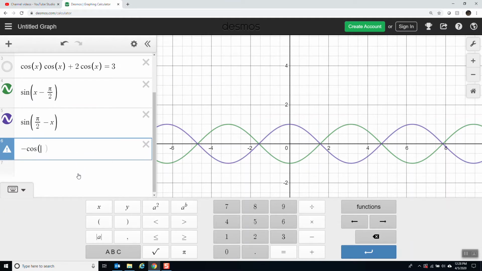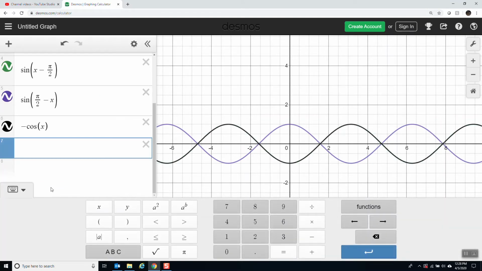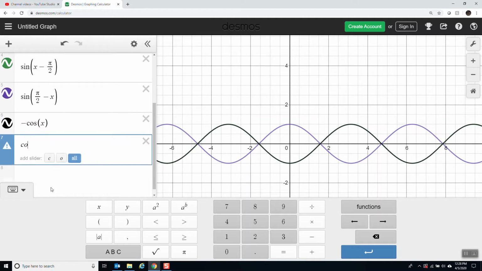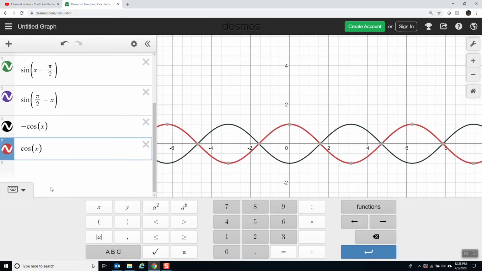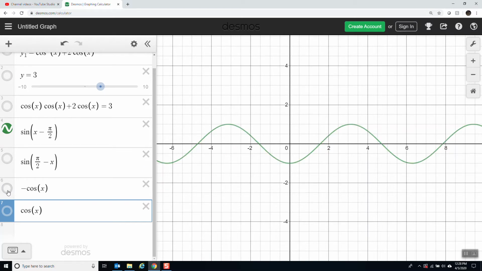Would we get that purple graph? We don't. What if I was to graph cosine of x? Oh. So here's what we've shown. We've shown that the green line is equal to negative cosine of x. So sine of x minus pi halves is negative cosine.